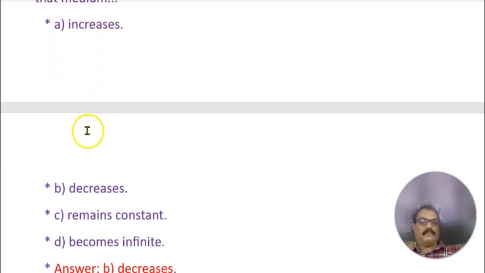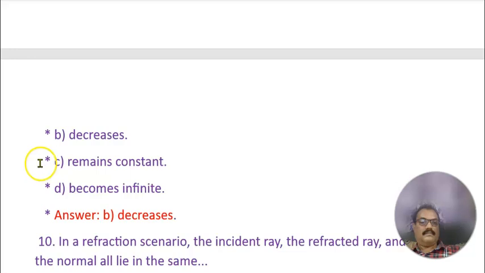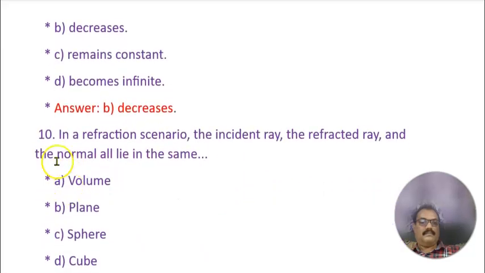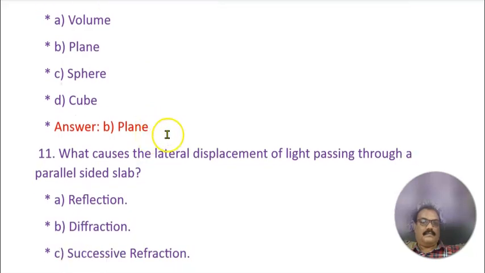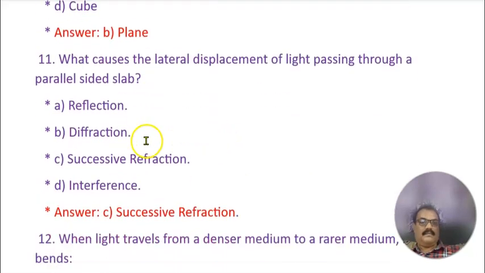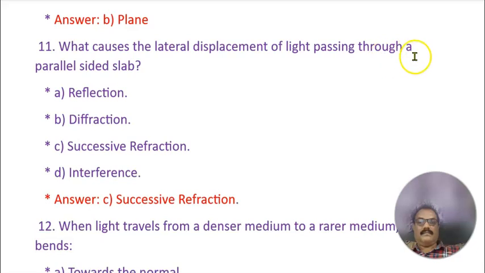9. If the refractive index of a medium increases, the speed of light in that medium: A. Increases. B. Decreases. C. Remains constant. D. Becomes infinite. Answer: B, decreases. 10. In a refraction scenario, the incident ray, the refracted ray, and the normal all lie in the same: A. Volume. B. Plane. C. Sphere. D. Cube. Answer: B, plane. 11. What causes the lateral displacement of light passing through a parallel-sided slab?